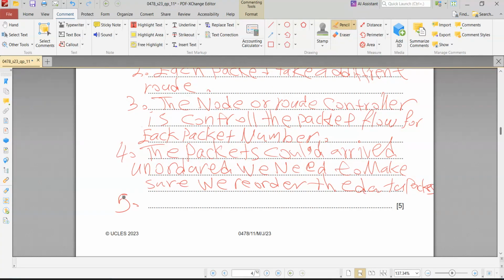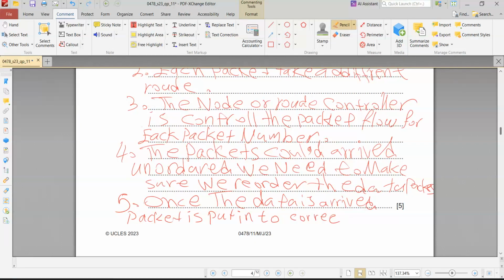Lastly, once the data has arrived, the packets are put into the correct order.